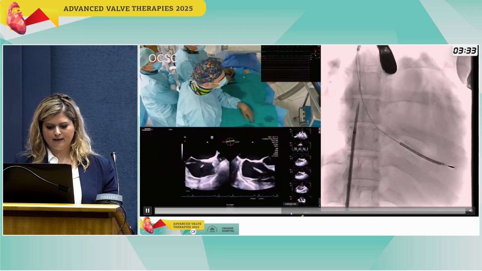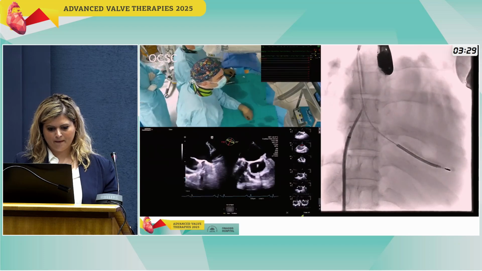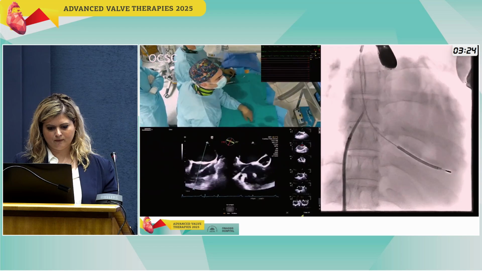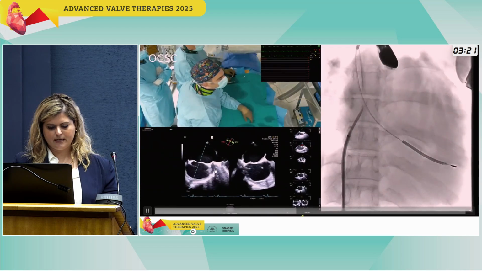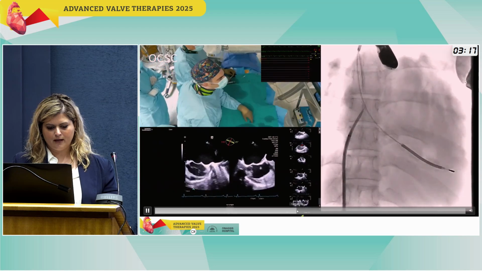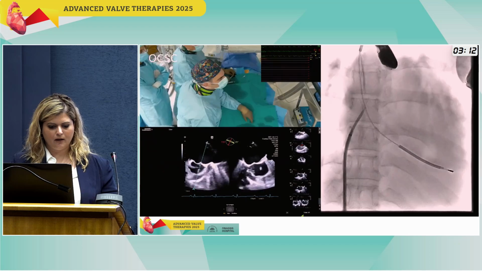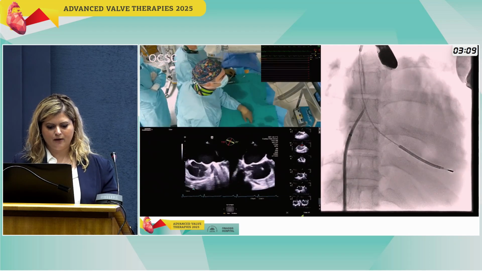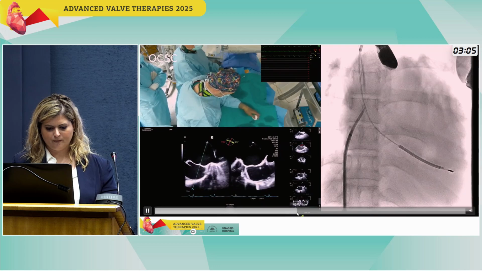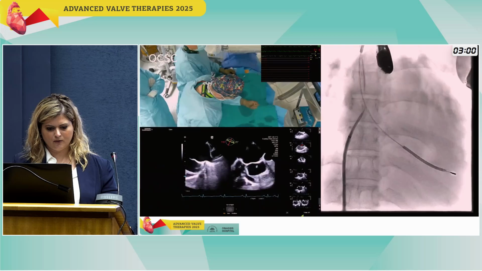I'm moving a little bit quickly in the puncture moment. Here you see the tenting. We do it always in biplane so that we have both views and know how much distance we have from the aorta. So in here, he goes through.